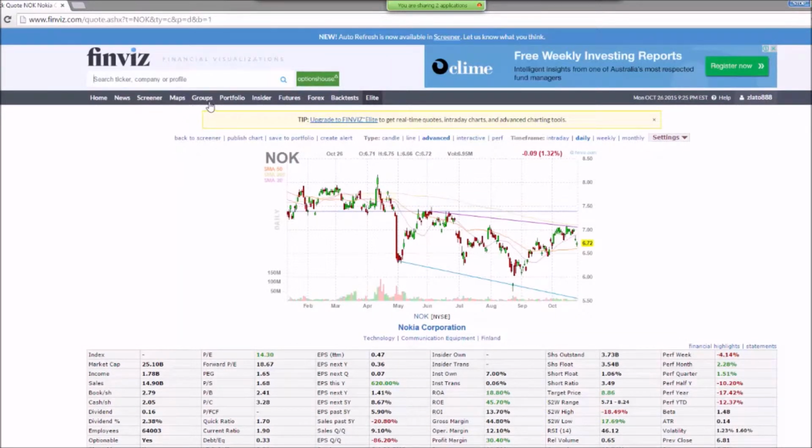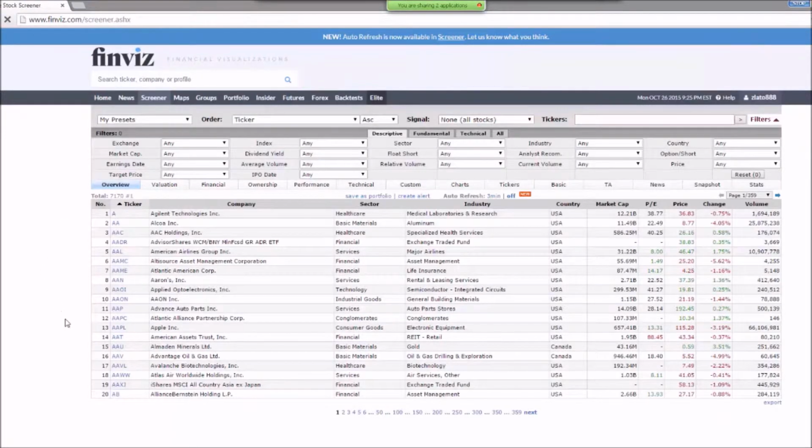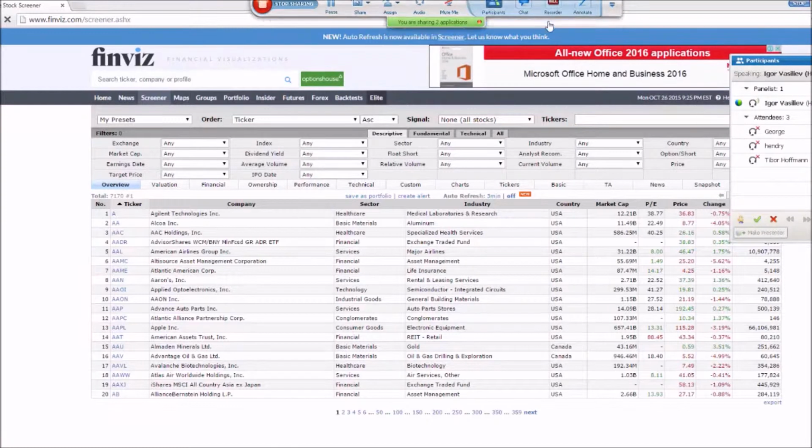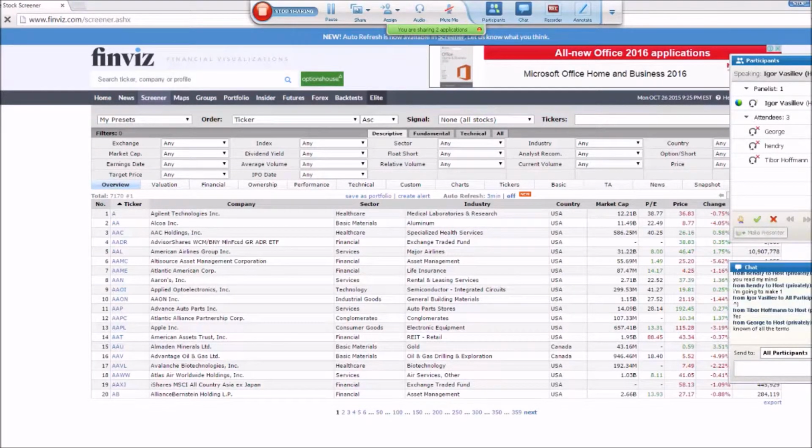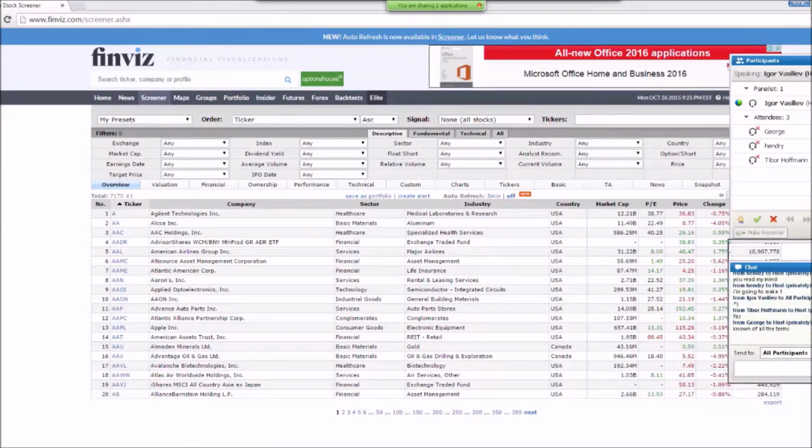But the best thing here is the screener. Just before I start the screening process, tell me what parameters are important for you, specifically when you're trying to find a company. Are you looking at the short term or the long term?